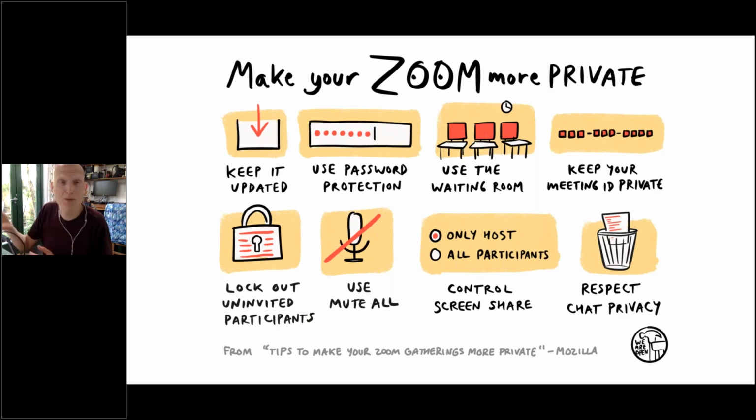Anyway, this is one I created very recently. A couple of weeks ago, Mozilla sent out an email about how to make Zoom meetings more private. And there was a whole list of things, I think eight things, that you could do to make your Zoom meetings more private. And I thought, well, why isn't that visualized in some way?